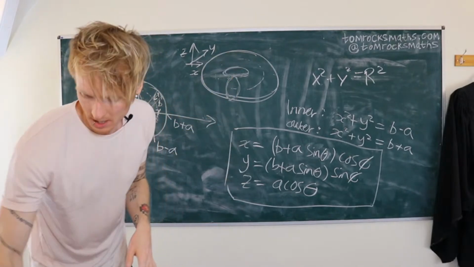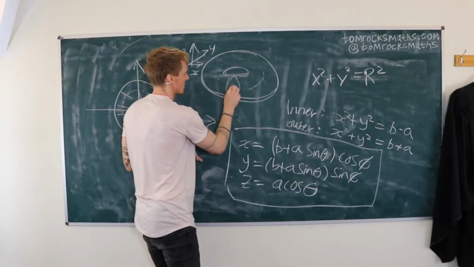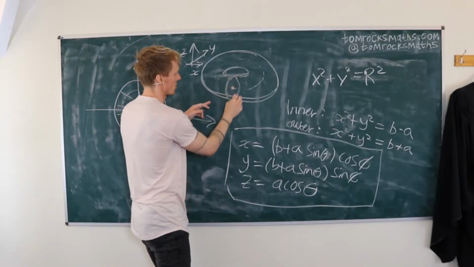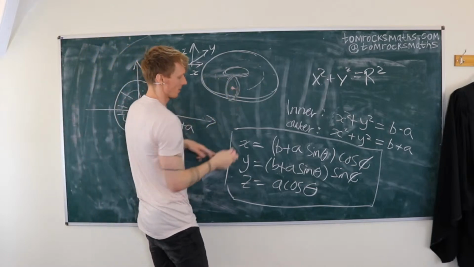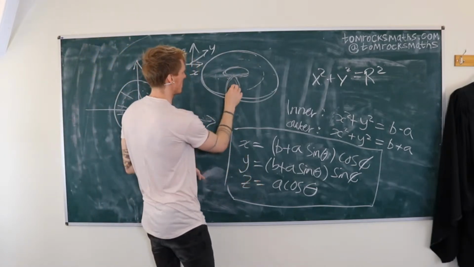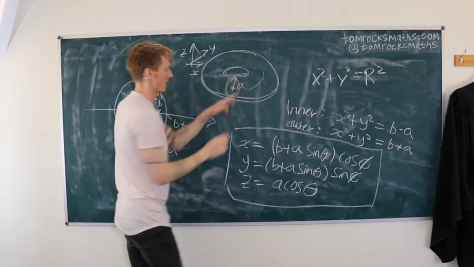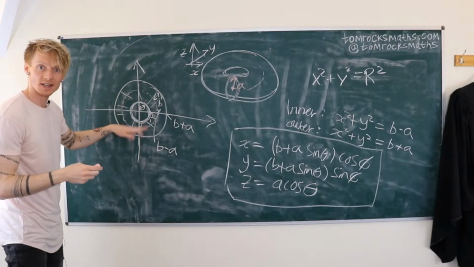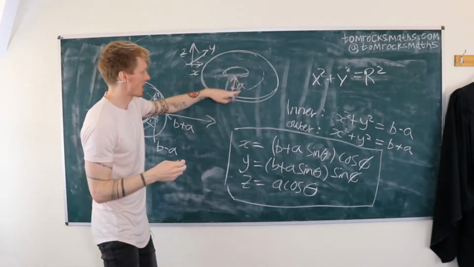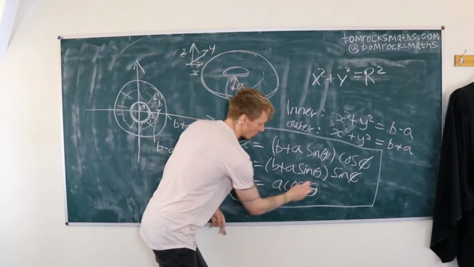So the way to think about this is this central point. This is like your circle, your slice through your donut. And then this point here has radius A, right? Based on our picture from above, the outer circle has radius A. To capture that it's a circle, we have this angle theta.